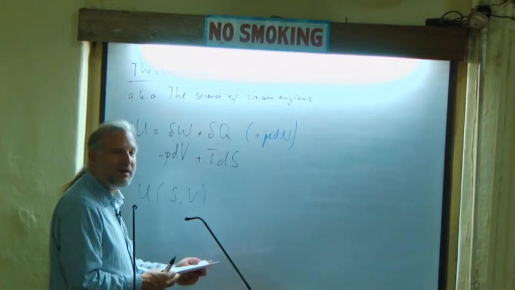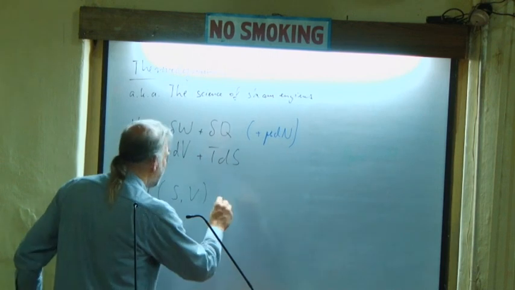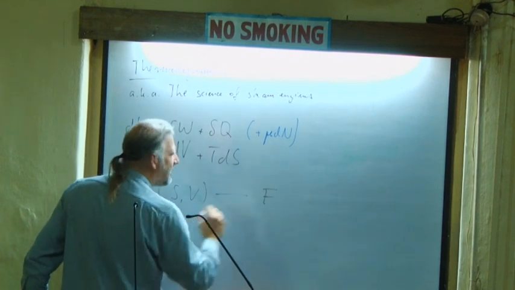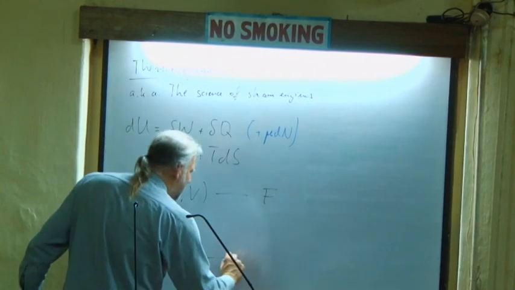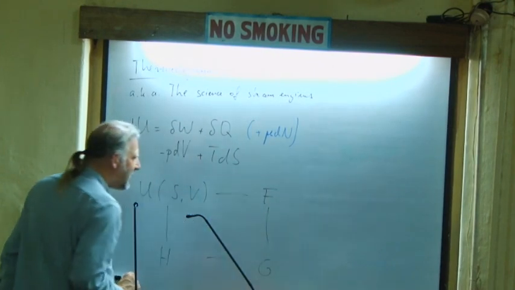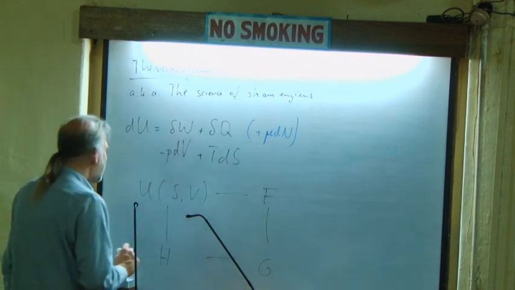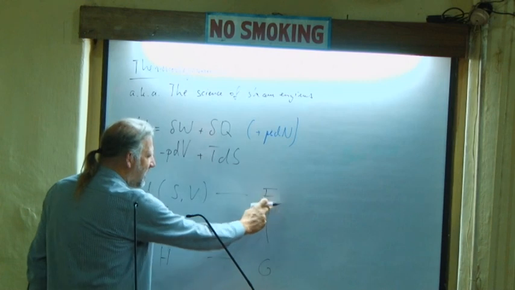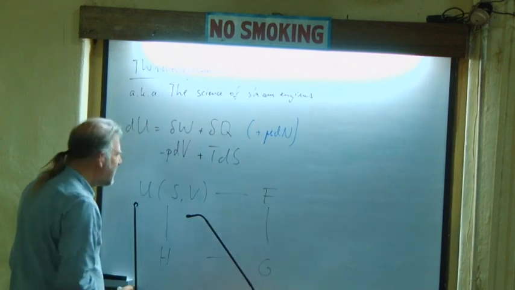And you also learn that you have other state functions that you can form. So I always learned this in this way, H and G. Okay? So the thermodynamic square. So this is the Helmholtz free energy, the free enthalpy or Gibbs free energy, and this is the enthalpy.